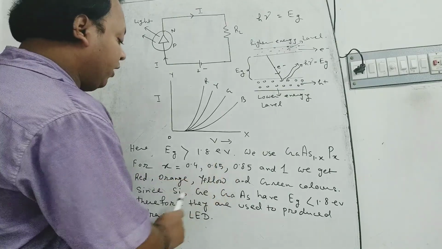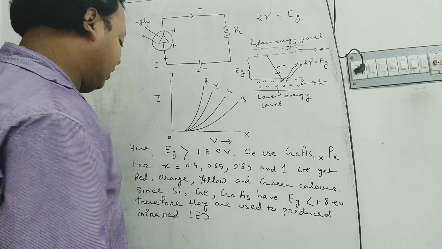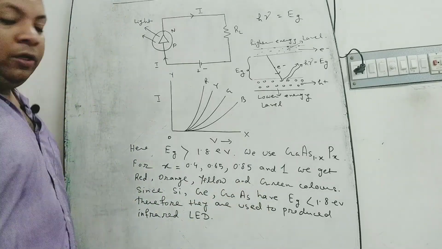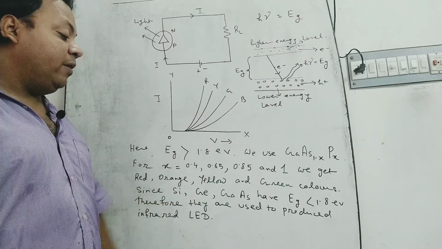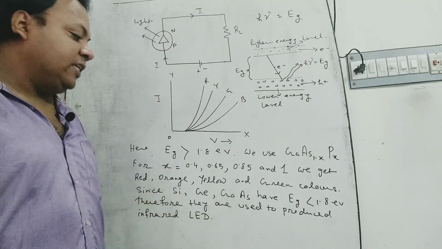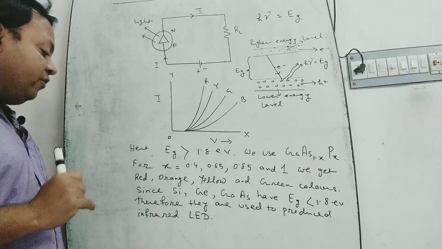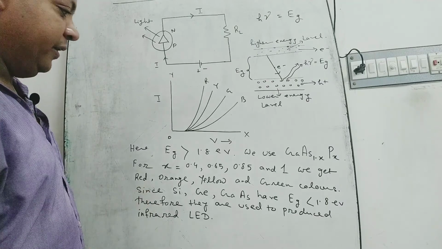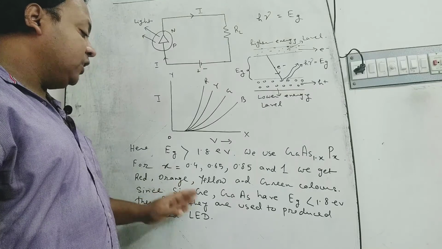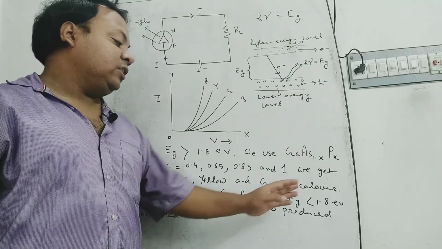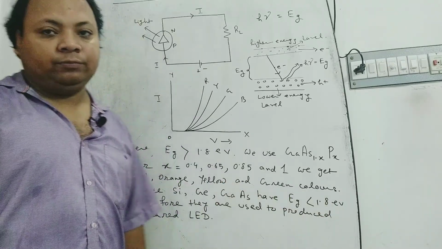For 0.85, we get yellow, and for 1, we get green color. We use silicon, germanium, or GaAs, that is gallium arsenide, to make infrared LED, since the energy gap of silicon, germanium, or gallium arsenide is less than 1.8 electron volt.